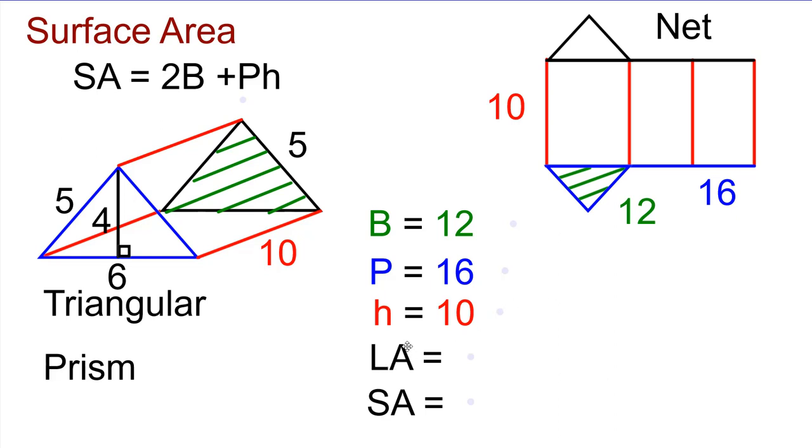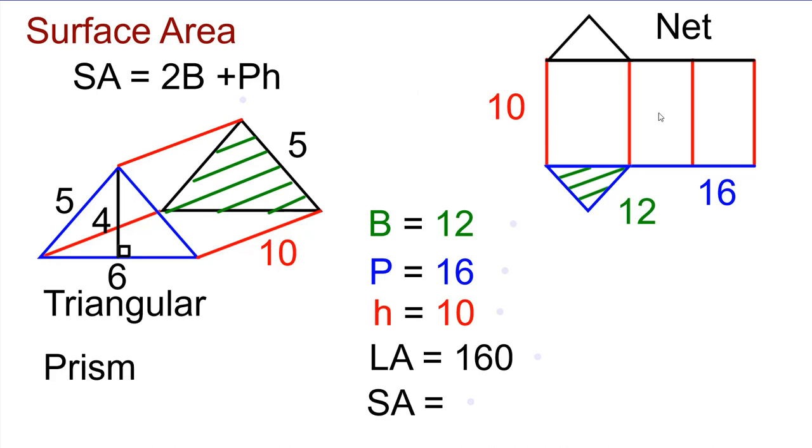So first, let's find the lateral area. That's the perimeter times the height. So our perimeter is 16 times a height of 10. So 16 times 10 is 160 units squared. And then for the surface area, all we do is take our lateral area, perimeter times height, and add our bases.